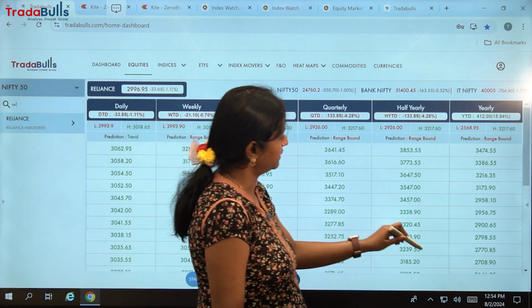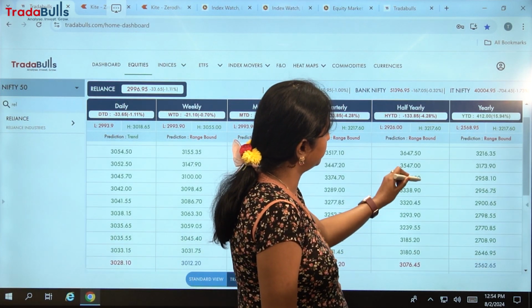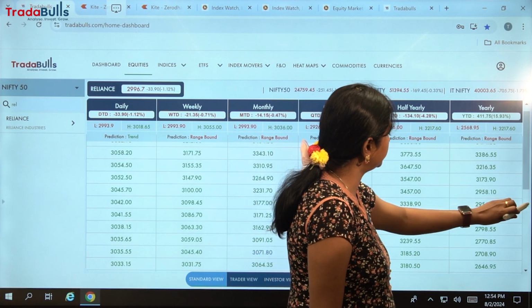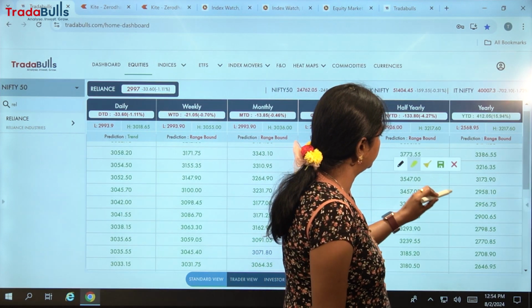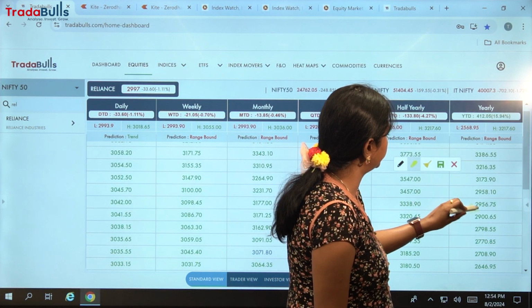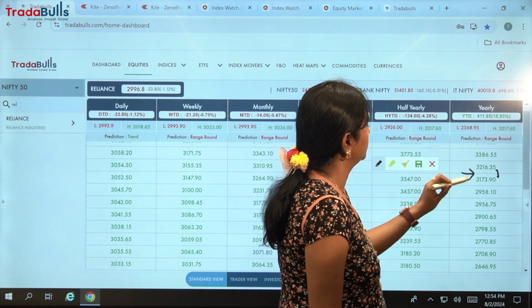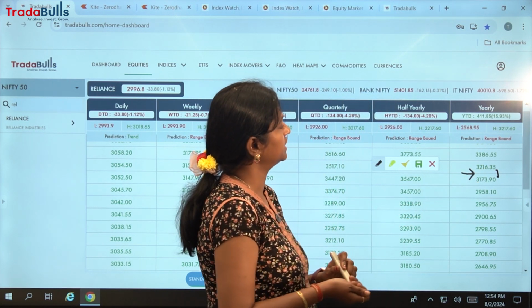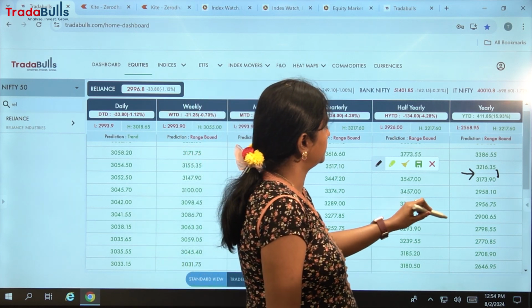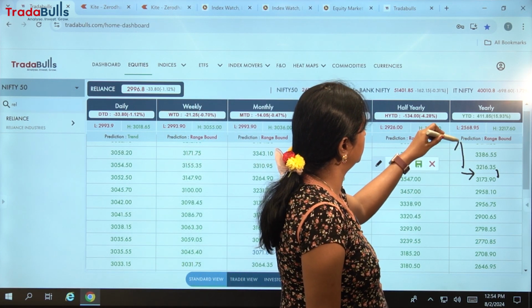Let's see where 2993 is. It is somewhere in this particular place, in between, which means the market is already going in the upward direction.